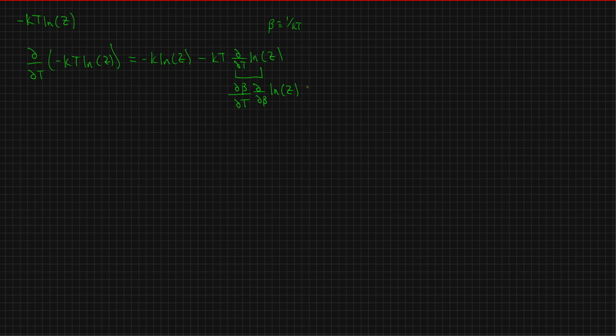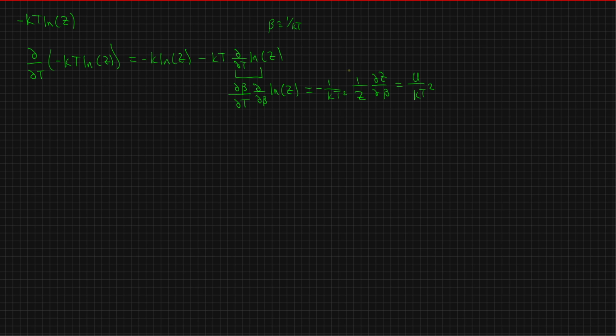We could have done it with respect to T as well, but this is just the conventional way of doing it. So we would get the following: 1 over kT squared, 1 over Z, the partition function, del Z, del beta. That is equal to U all over kT squared.